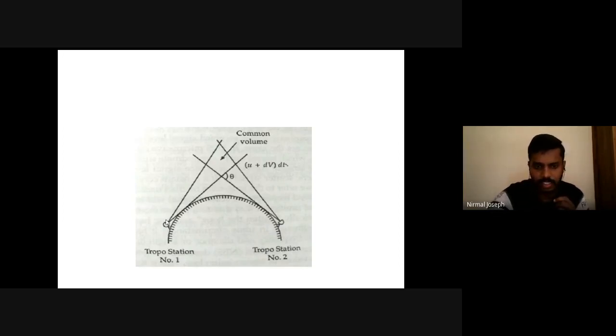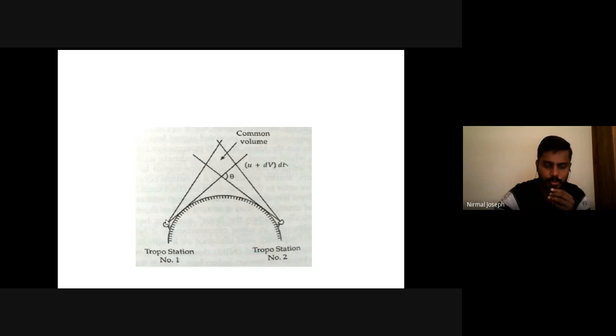So here one or two disadvantages are there. Antenna orientation is very important. Both the antennas should be oriented perfectly, then only it can receive accurately. And the second one, tropospheric scattering means scattering from dust particles and water vapor, etc. That amount of scattering will be very less, so the power requirements are high.